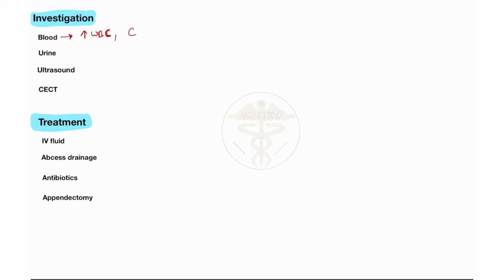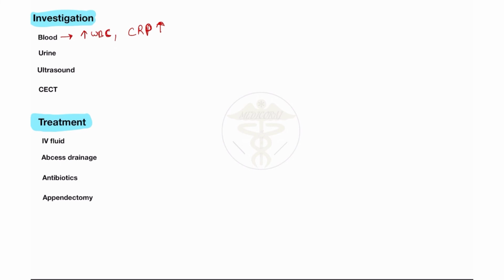Also you will see an increase in CRP level, C reactive protein. So when you examine the blood, you will see an increase of WBC and also C reactive protein.